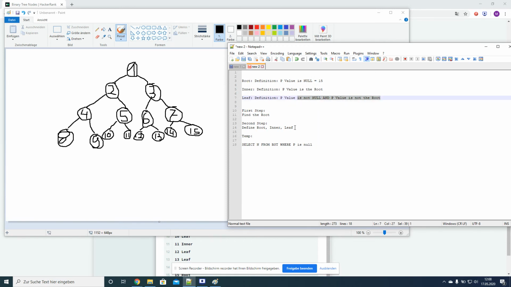The p value is not a parent value. The leaf is not a parent to anyone. That is, I think, a sufficient definition of the leaf.